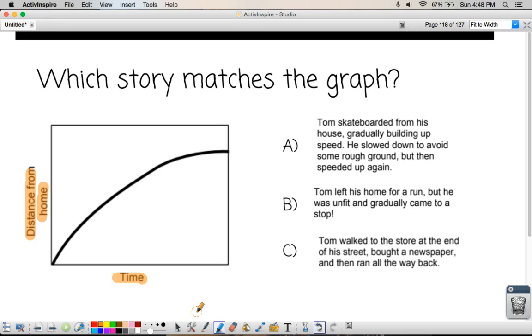So with this graph, our options are A, Tom skateboarded from his house, gradually building speed. Then he slowed down to avoid some rough ground and sped up again. B, Tom left his home for a run, but he was not fit and gradually came to a stop. C, Tom walked to the store at the end of his street, bought a newspaper, then ran all the way back home.